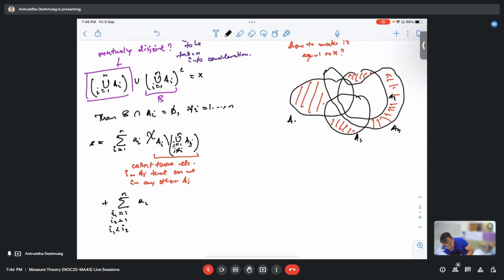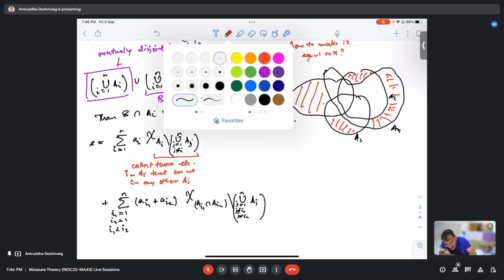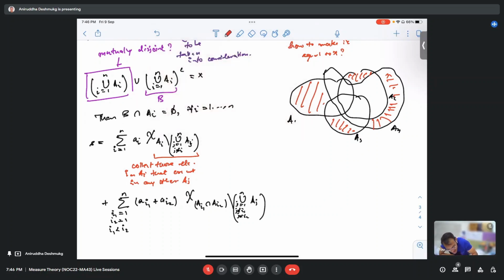Then it would be the sum of a_i1 plus a_i2 times chi of A_i1 intersection A_i2, minus the union over j, j not equal to i1 and i2, of A_j. So basically, let us look at only this part, and then A1, A3 which are not in any other, and A1, A4 which is not in any other.